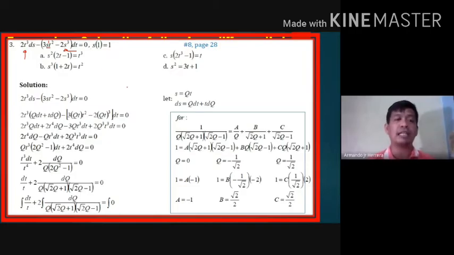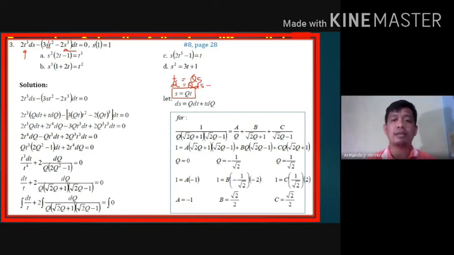So therefore, pwede tayong gumamit ng substitution na one variable in terms of the other na meron tayong multiplier na any variable. So I use S is equal to QT. So again, pwede rin natin gamitin yung T is equal to QS. So bakit hindi natin gagamitin si T is equal to QS? So di ba pag kinuha natin ang derivative ni T, that gives you QDS plus SDQ.